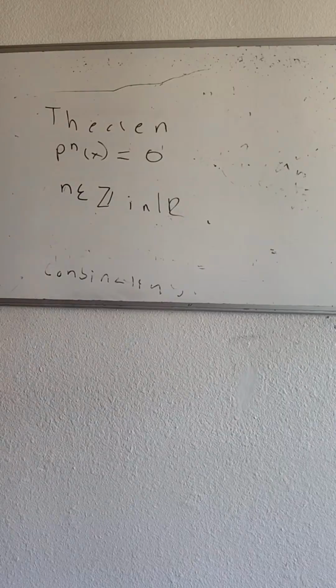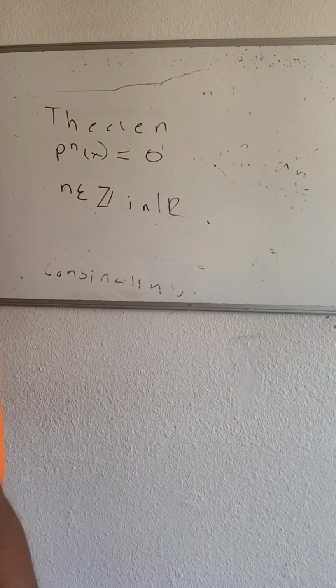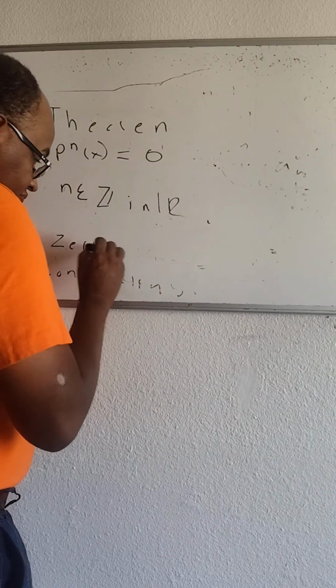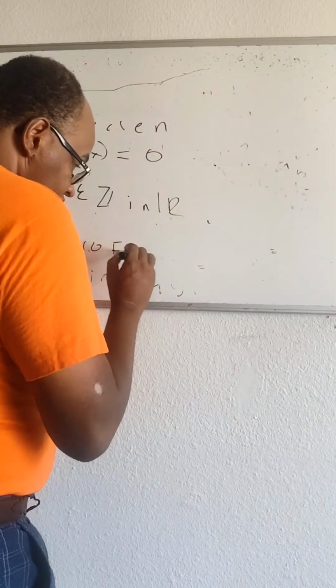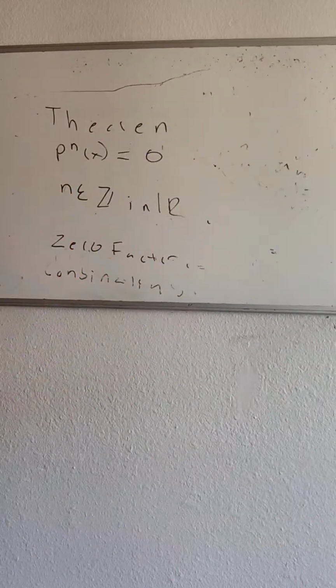So we only want real solutions, right? So we'll control it by using real solutions. So that's our second theorem, guys. It's called the zero factor theorem. Okay, we'll do more tomorrow too.